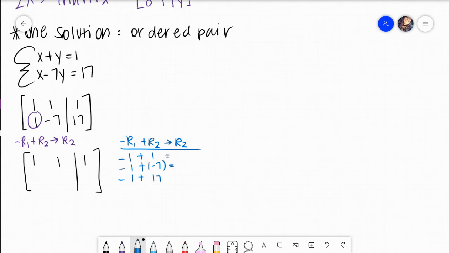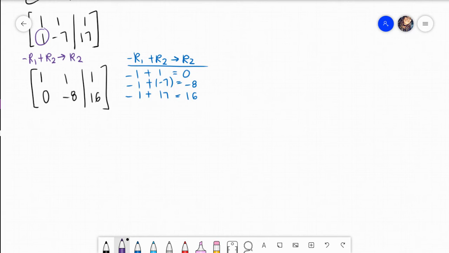Negative 1 plus 1 is 0. Negative 1 plus a negative 7 is going to be a negative 8. Negative 1 plus 17 is going to be a positive 16. And so filling in those values for our row 2, we have 0, good, that's what I wanted, -8, 16.